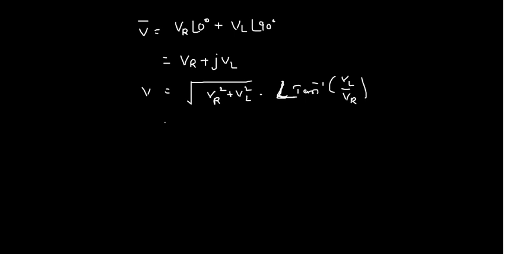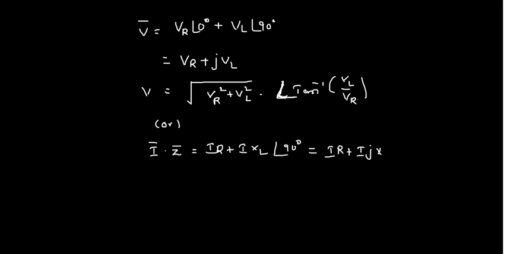Now we have another way of expressing this, that is I bar into Z bar is equal to I into R plus I into XL at an angle 90 degrees, which equals I into R plus I into JXL.